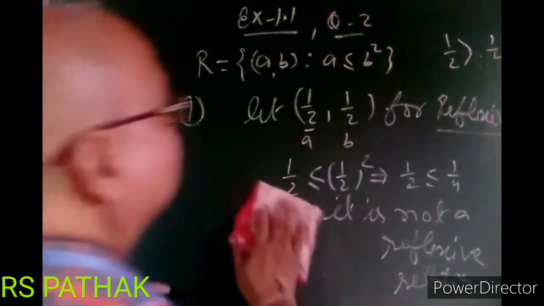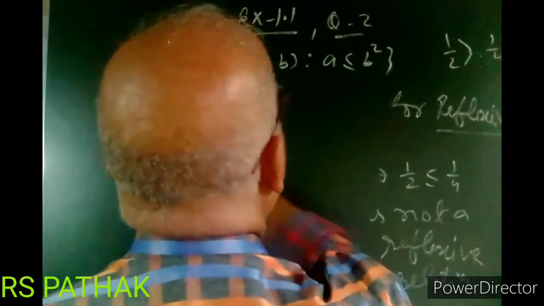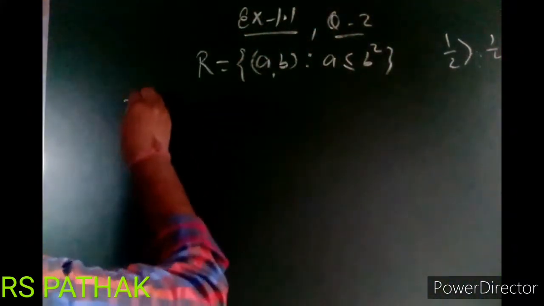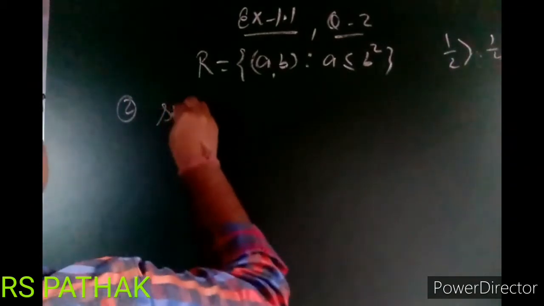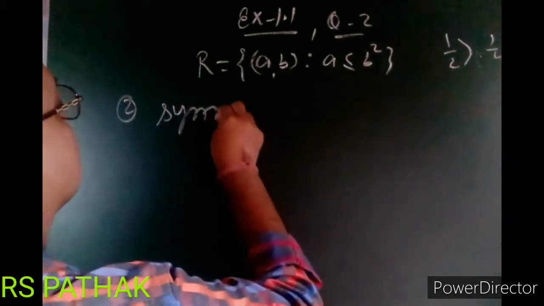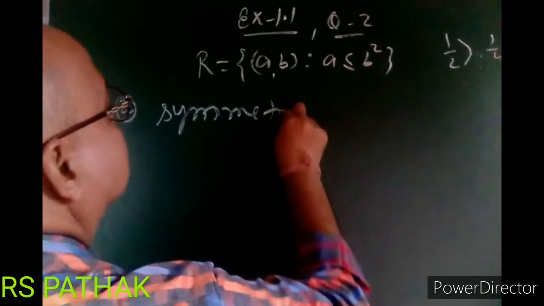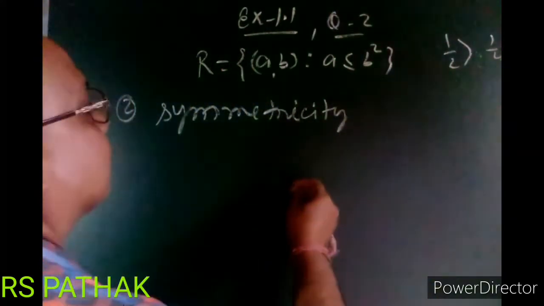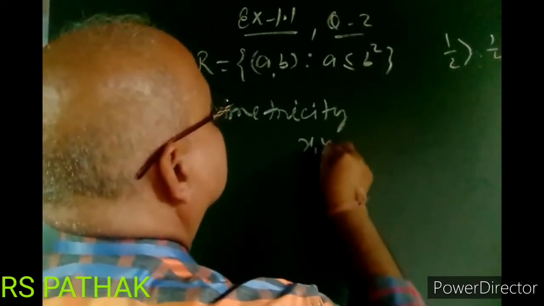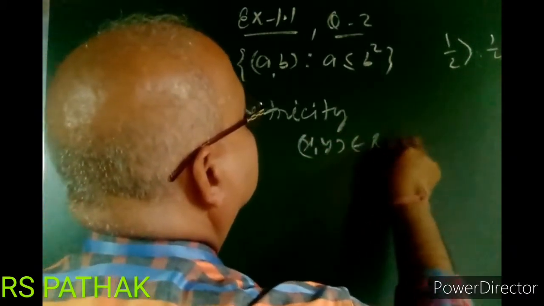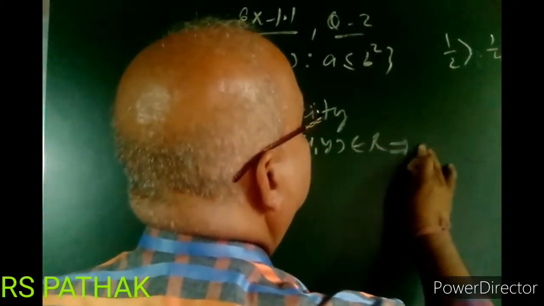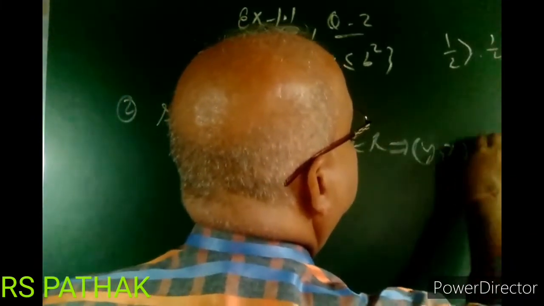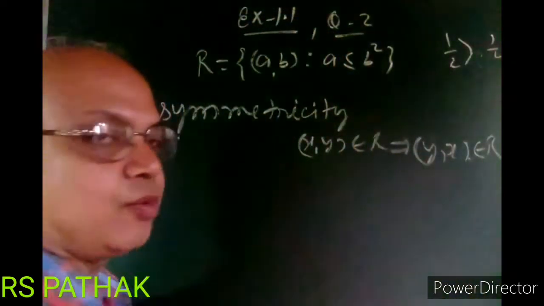Now I will prove the second condition, symmetricity. (x, y) belongs to R implies (y, x) belongs to R. This I will prove.